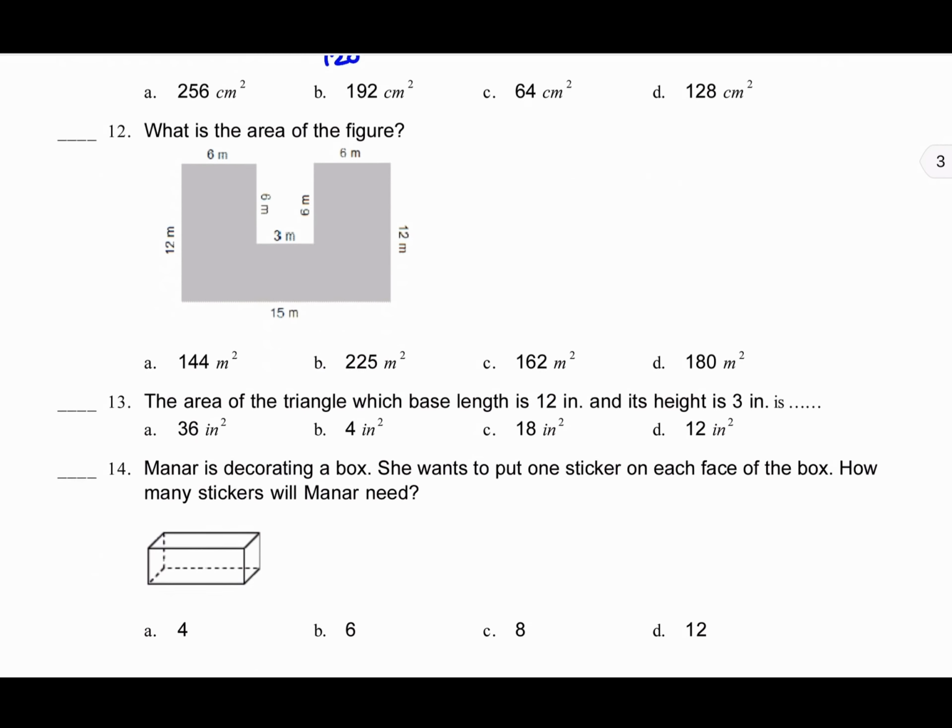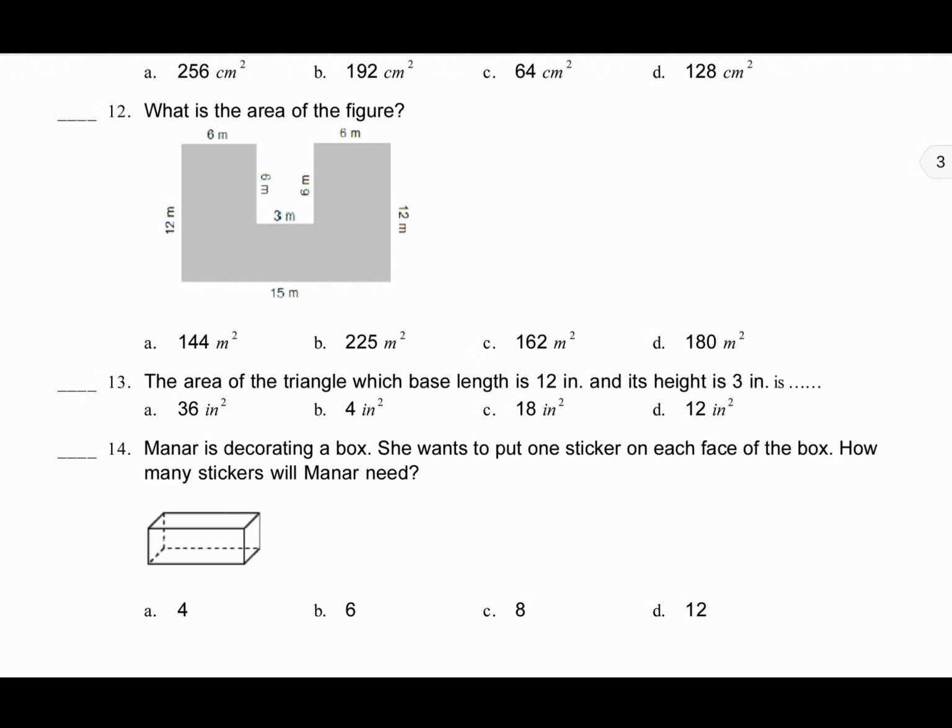Next question. What is the area of the figure? Let us divide this figure into known shapes as we did before. Now this area is 6 times 12, which is 72, and also this area 6 times 12, which is 72 as well. And now what about this area?